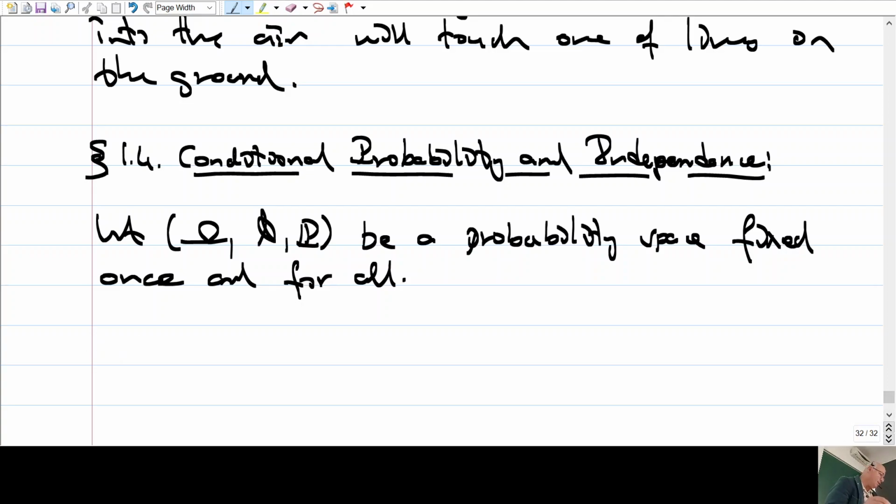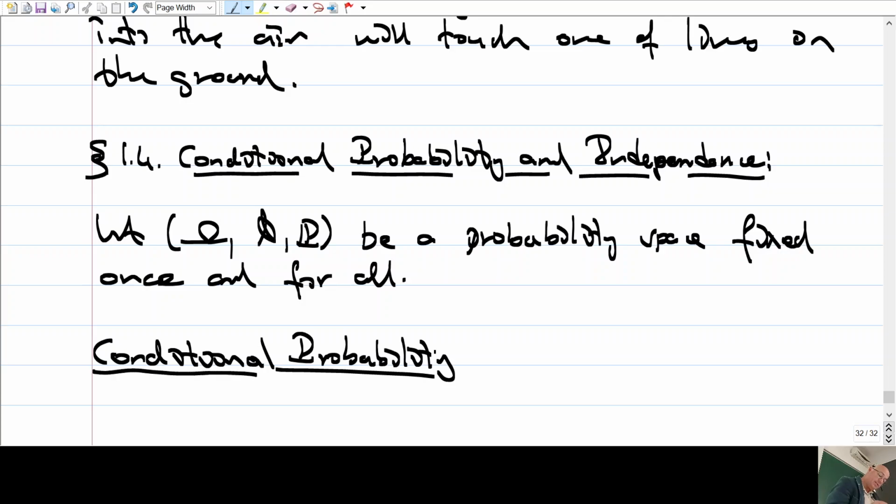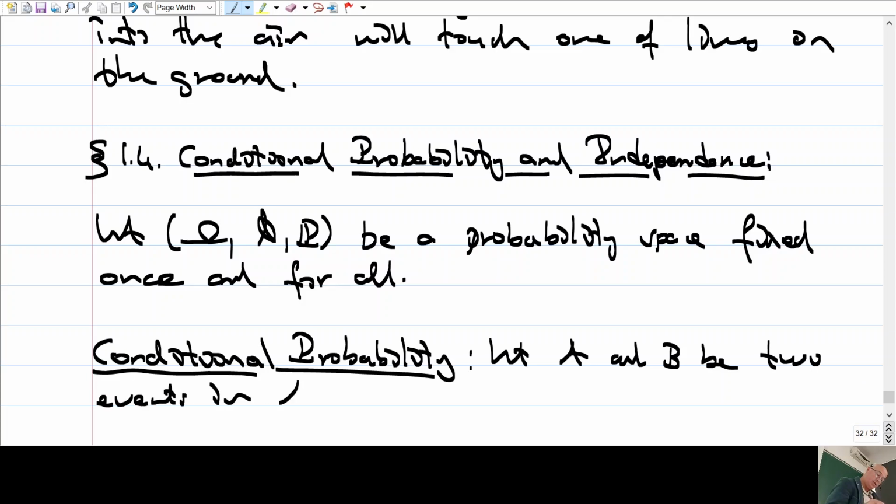Now we will see some definitions. First of all, the definition of conditional probability. Let A and B be two events in the sigma-algebra such that the probability of the event A is positive.